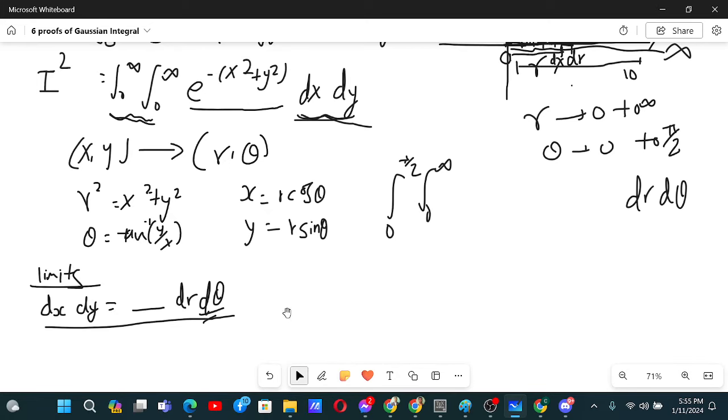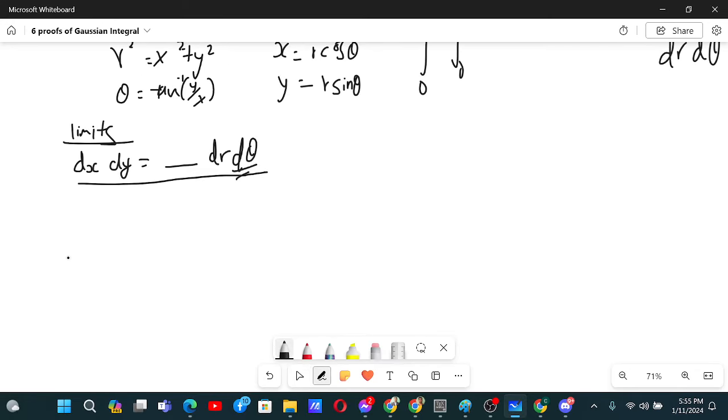So what the Jacobian matrix is: let's say we have to change dA dB into dm dn.